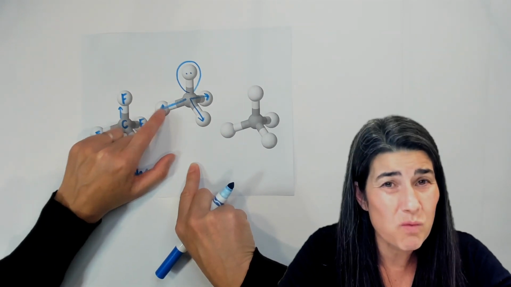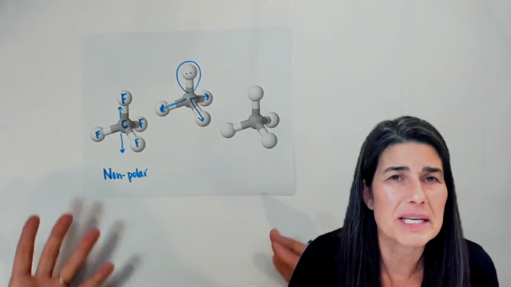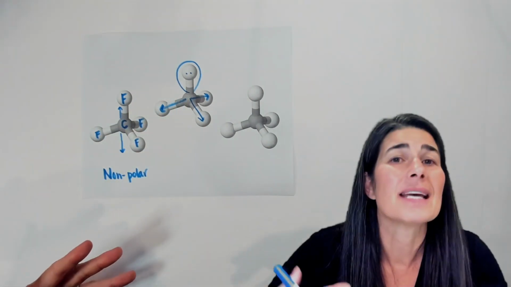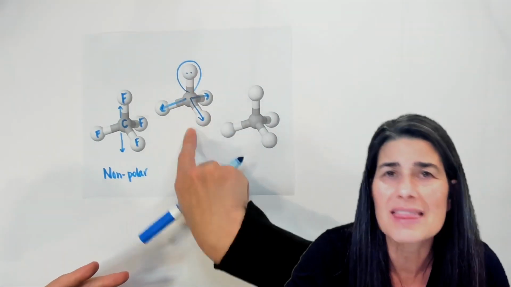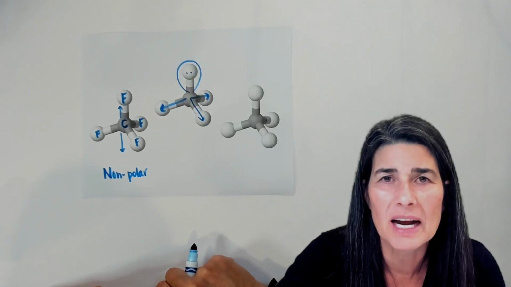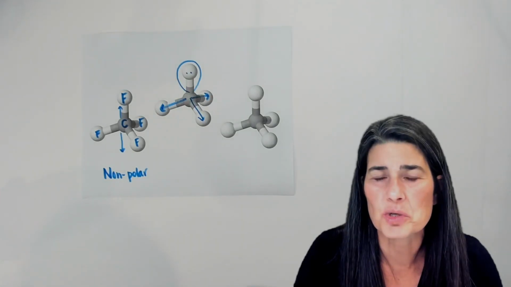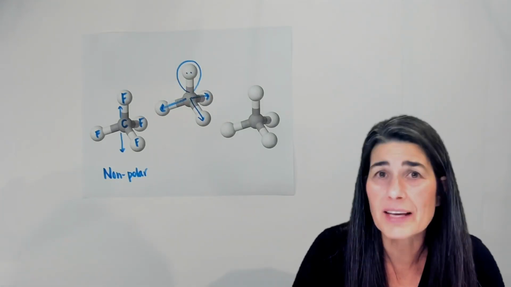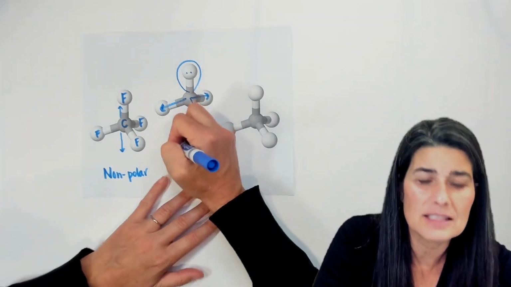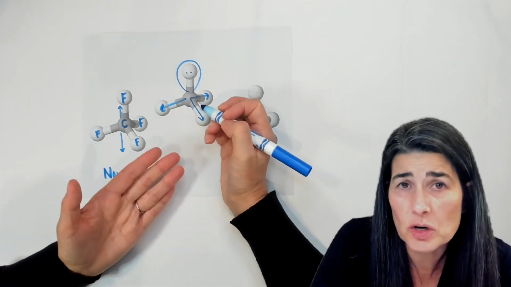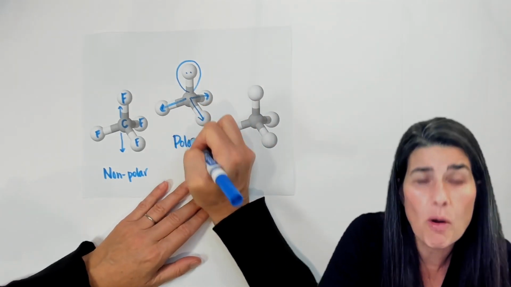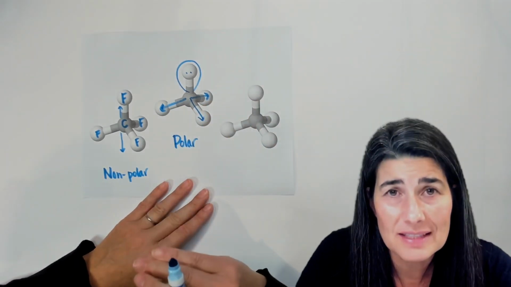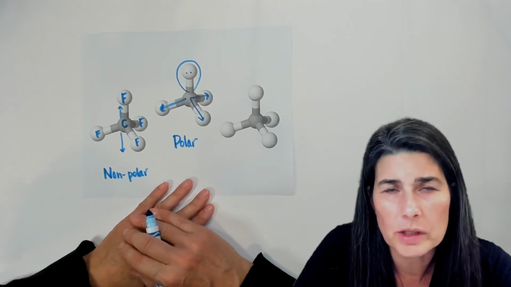So we have one lone pair. It can't be symmetric. Symmetric is nonpolar. This is not symmetric. There's nothing to cancel out that lone pair. Since it's not symmetric, it won't all cancel out. In that case, there will be a winner. The electrons will be pulled in one particular direction, and it's going to be polar. Anytime you have a single lone pair, it's always polar.